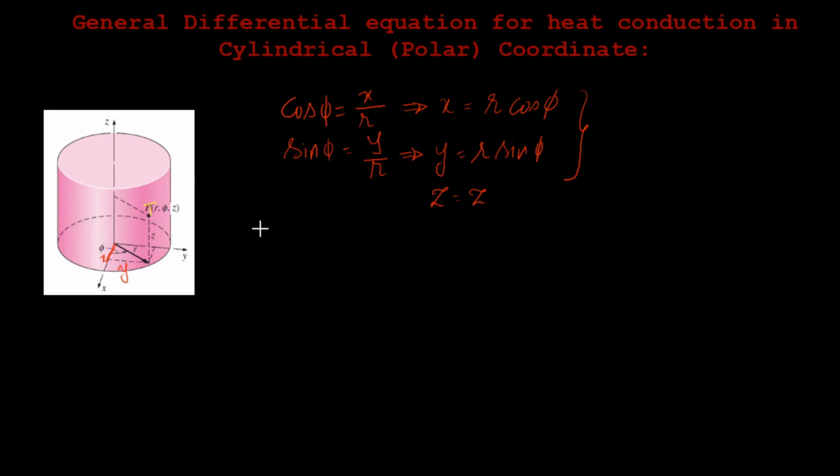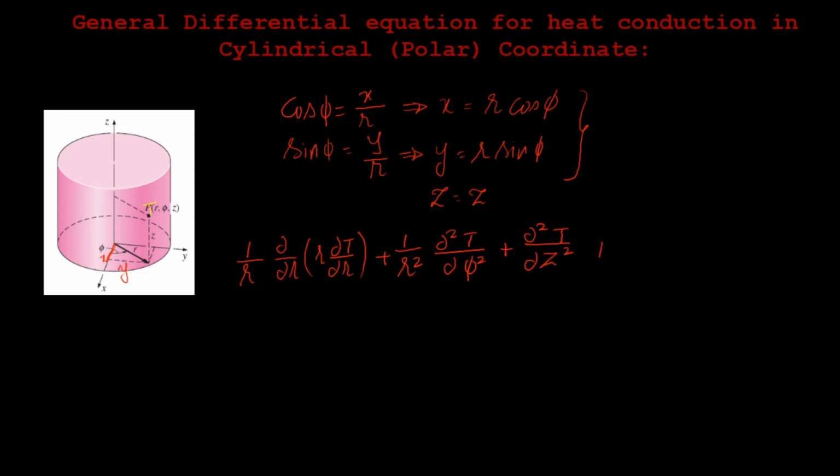If I do that, then I'll get the equation as 1 over r into dou by dou r of r into dou T by dou r, plus 1 over r square into dou square T by dou phi square, plus dou square T by dou z square, plus qg by k will be equal to 1 over alpha into dou T by dou tau.